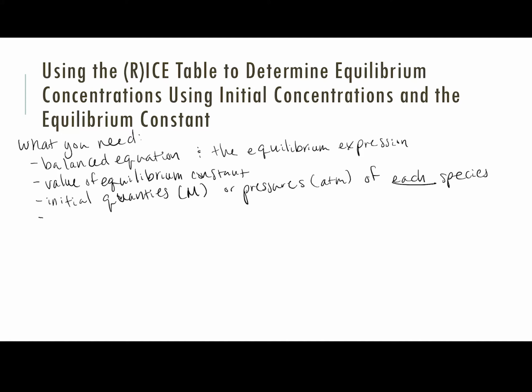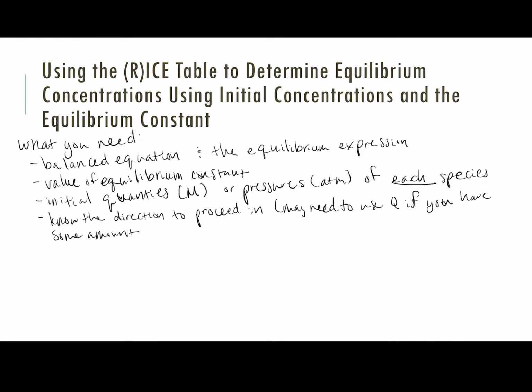If you don't, by looking at the equation, use your Q. So you may need to use Q if you have some of each substance. So if you have no zeros as your initial concentrations, you're going to have to solve for Q.